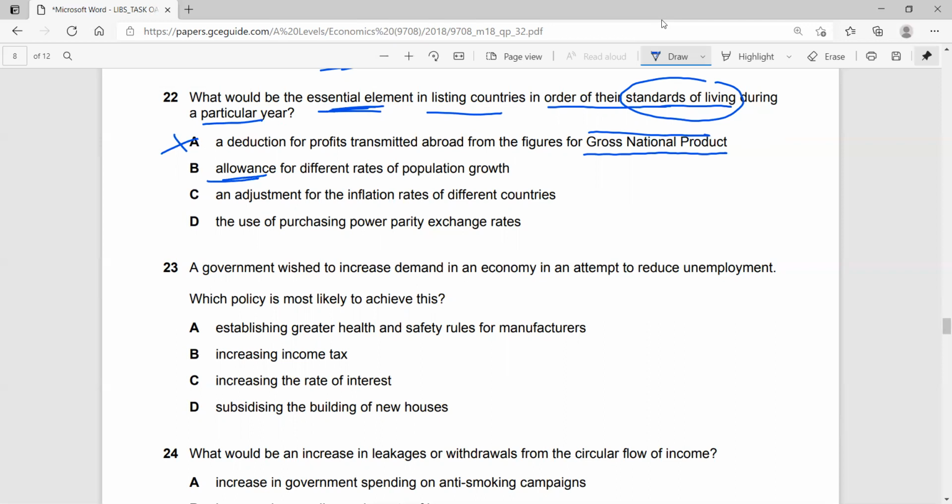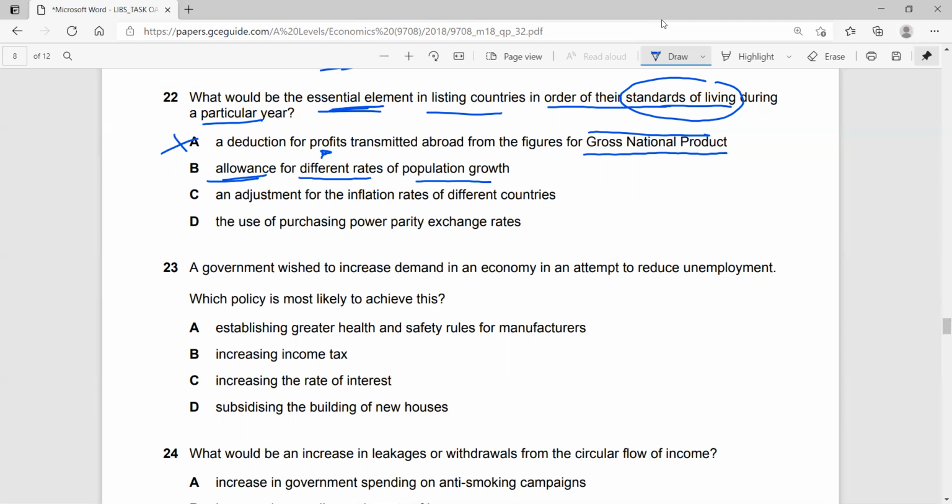Like if you don't understand a particular option, usually that means it's not it. But even if you're looking at different rates of population growth, sure, some populations have more growth than others, but is that really an important enough factor to use to order the standards of living? Not really.